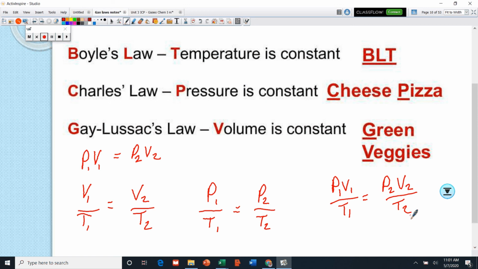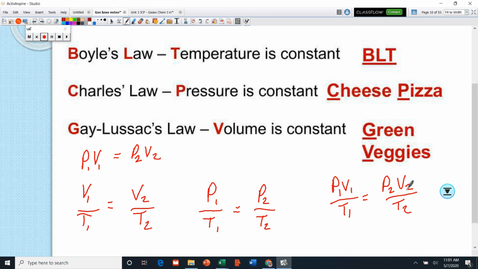And we can look at all three variables at once. What this one allows us to see is, remember that pressure and volume are inverse, but volume to temperature is direct. And we can see that if we change two variables, say we change pressure and temperature, which one's going to have the biggest impact?